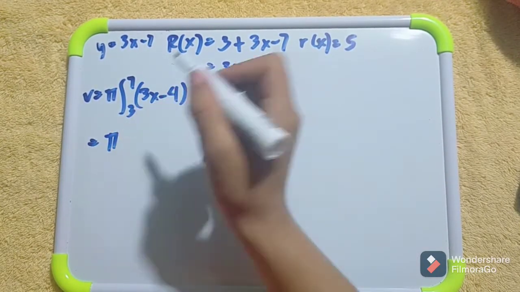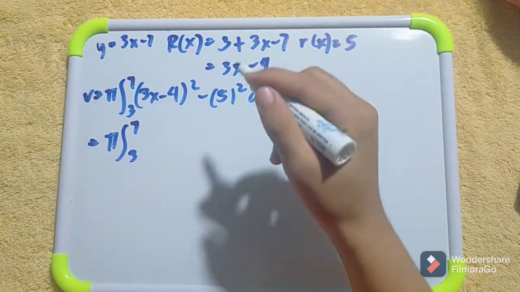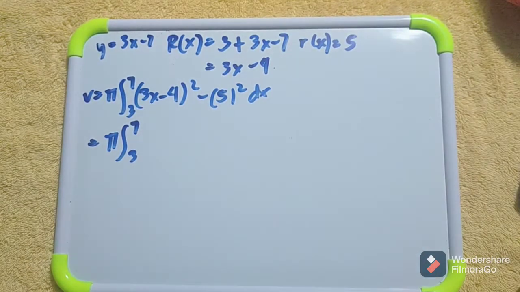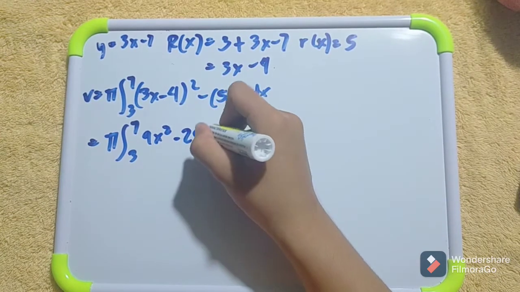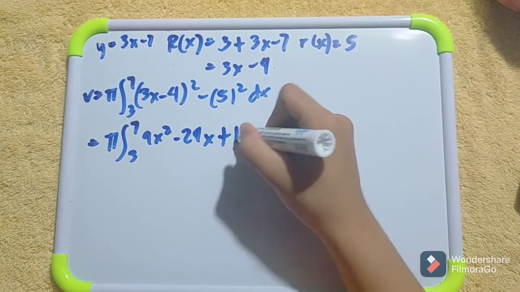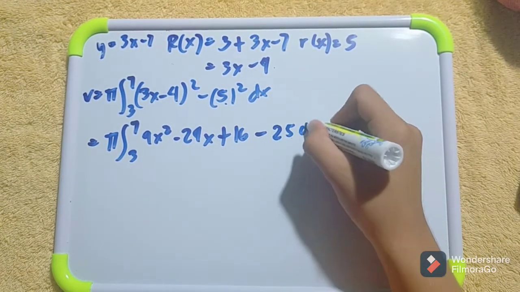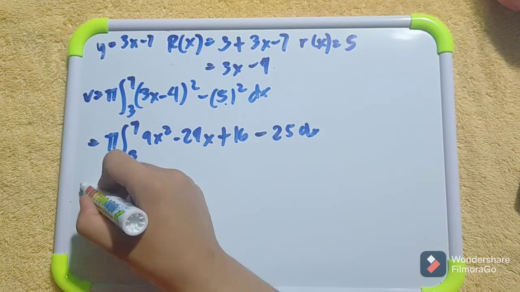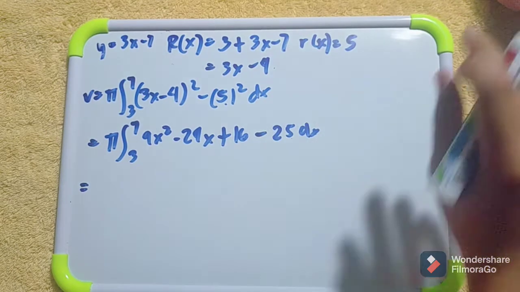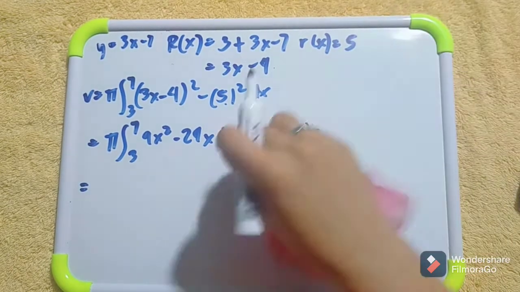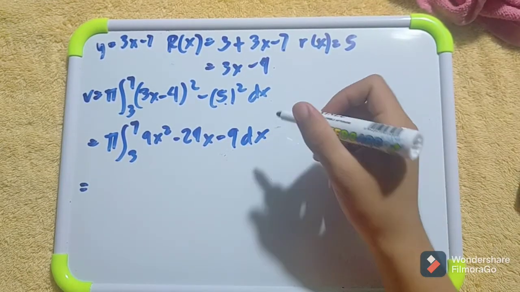So, pi integral 3 to 7, (3x minus 4) squared is 9x squared minus 24x plus 16 minus 5 squared, 25 dx. And then, so 16 minus 25 is -9. So, 9x squared minus 24x minus 9 dx. And then, i-integrate na lang natin siya.